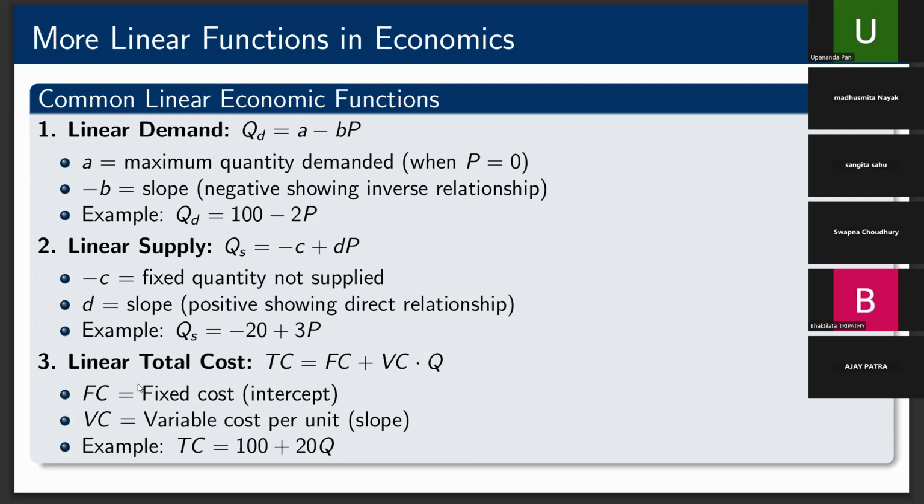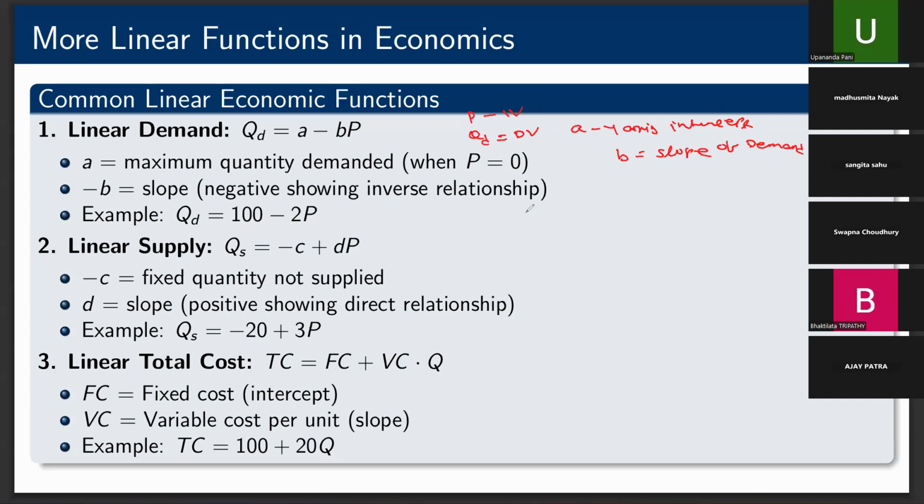Here it is clear that P is the independent variable and quantity demanded is the dependent variable. A is the constant, or y-axis intercept. And what is B? B is known as the slope of the demand function.